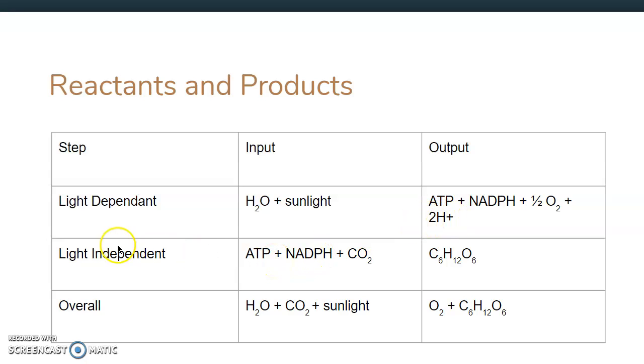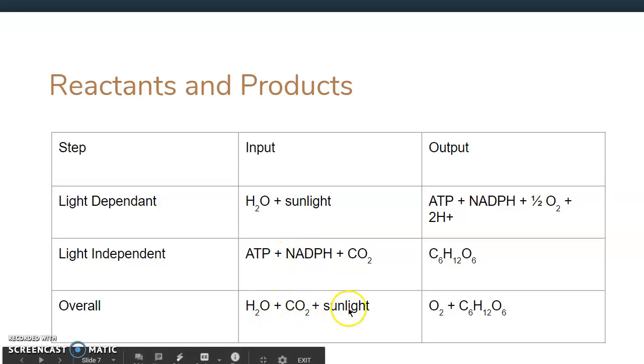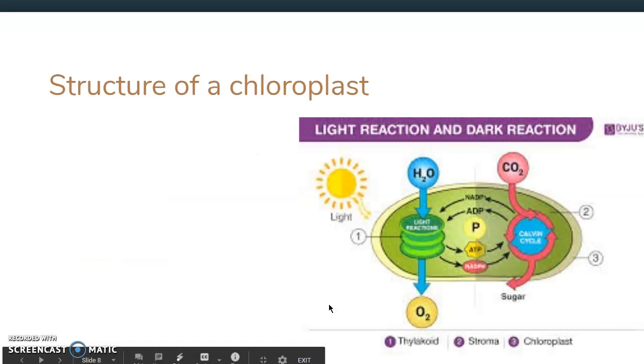And then in our light-independent reactions, we're using our ATP and our NADPH, which we just made, plus our CO2 to make our glucose. So when we think about it, in our first step, our light-dependent, we're making this energy, but then we're using this energy right away in our second step. So in our overall, it does not get seen.